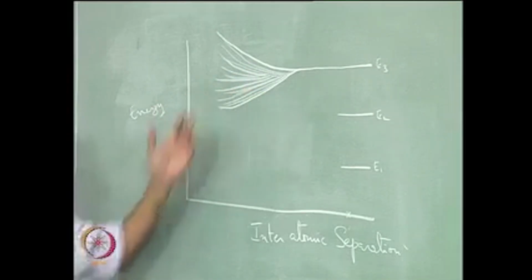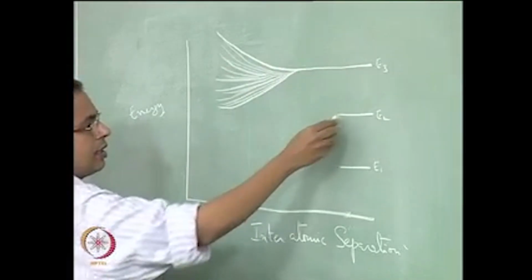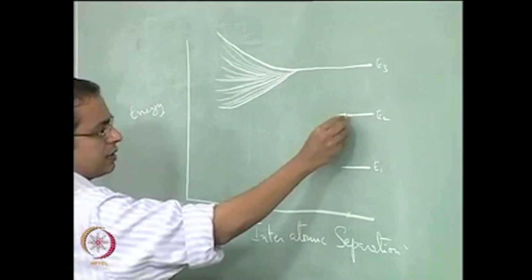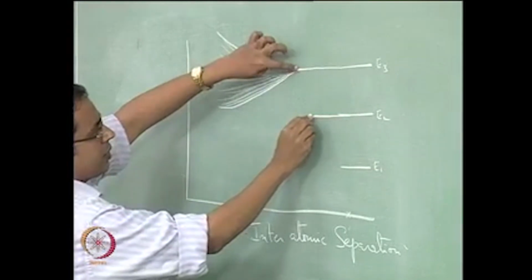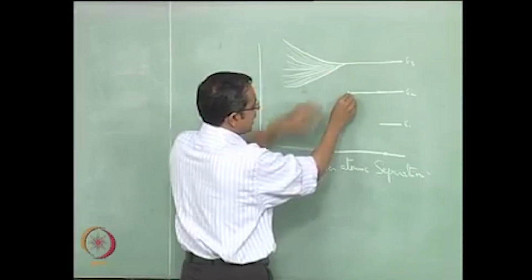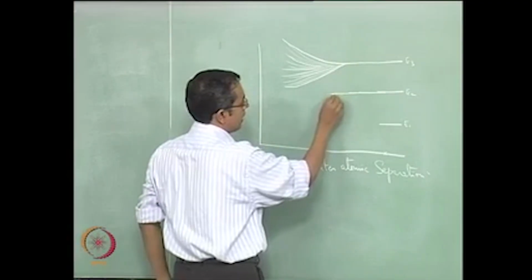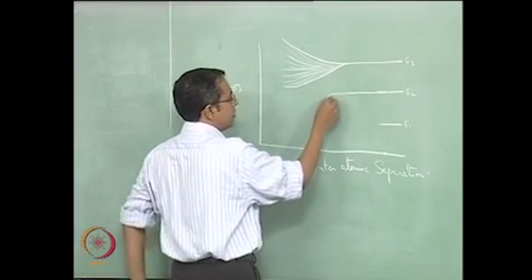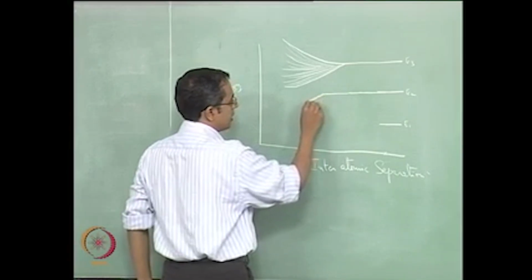So this is what is happening to the outermost shell. If you take the next shell of electrons, which is at the next lower energy, they do not overlap at this point. At this point only the outermost shell electrons have overlapped. You have to bring the atoms much closer before the next shell of electrons begins to overlap. But then the general trend of the behavior will look similar. You bring it much closer, and you will start seeing a similar kind of behavior.